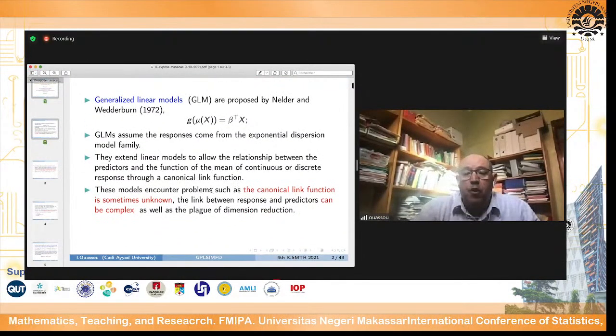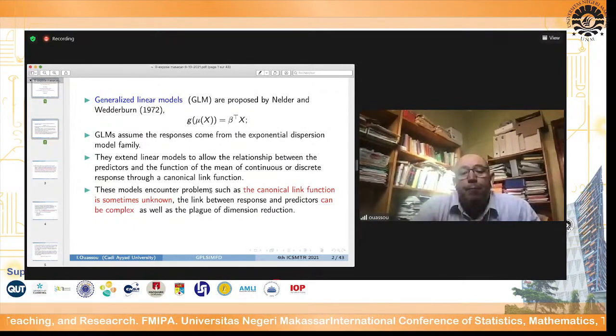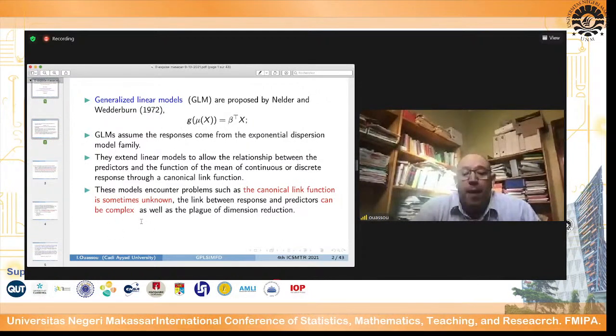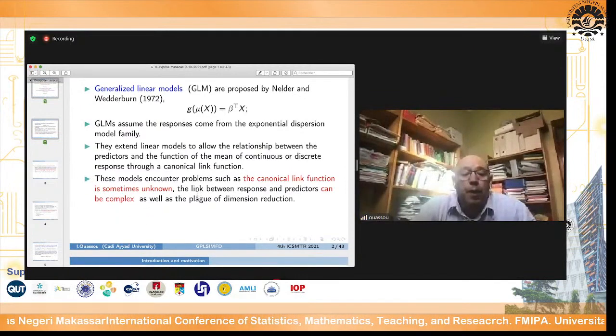The link function is very interesting for us. This model encounters a problem, as the canonical link function is sometimes unknown. This is the first problem. The link between response and predictor can be complex, as well as the need for dimension reduction.